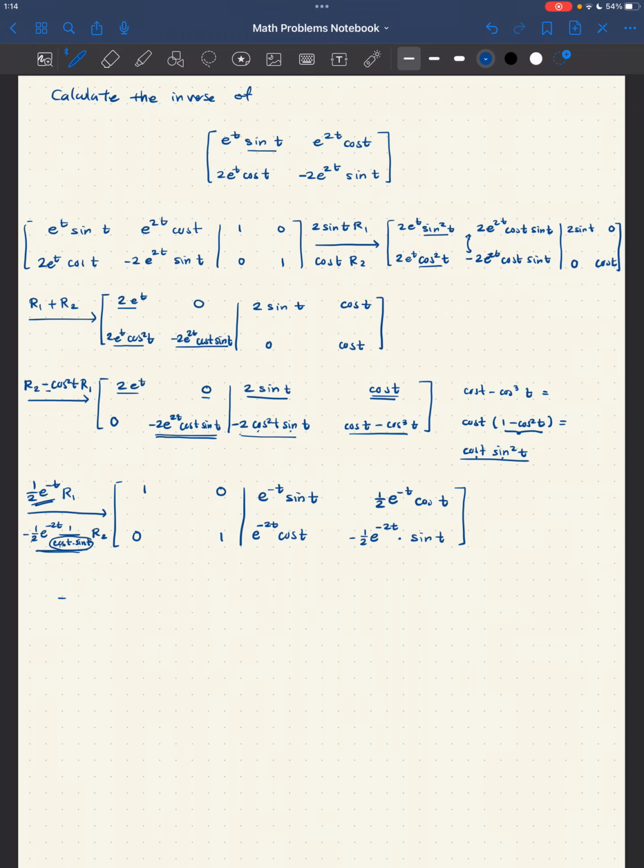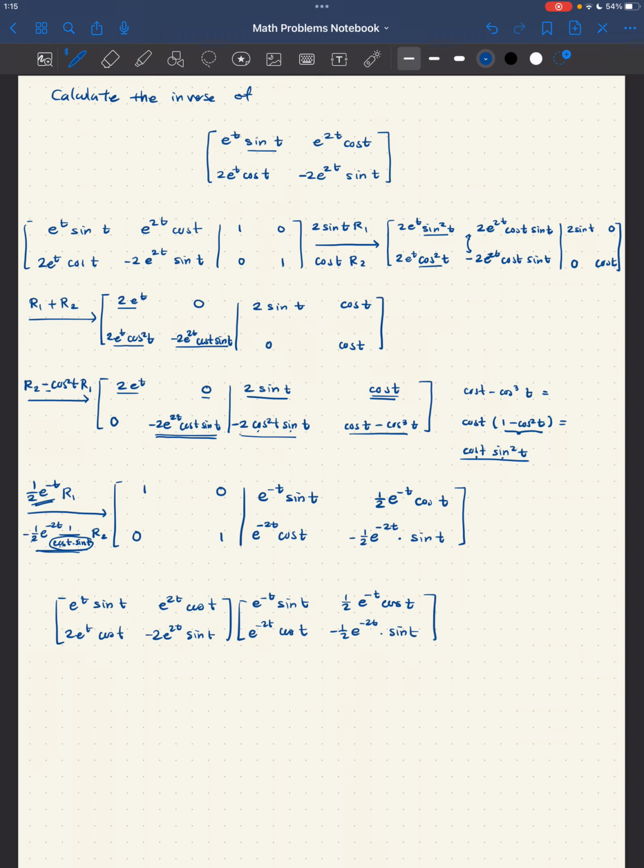Now I'm going to multiply e^t sine t, e^t cosine t, 2e^t cosine t, negative 2e^t sine t, times e^(-t) sine t, e^(-2t) cosine t, 1/2 e^(-t) cosine t, negative 1/2 e^(-2t) times sine of t.